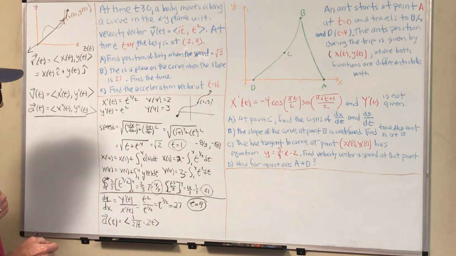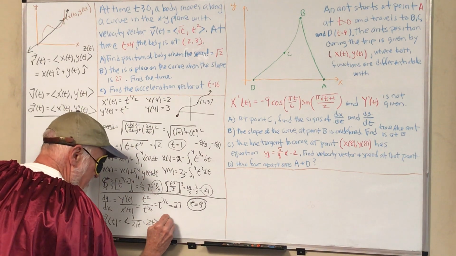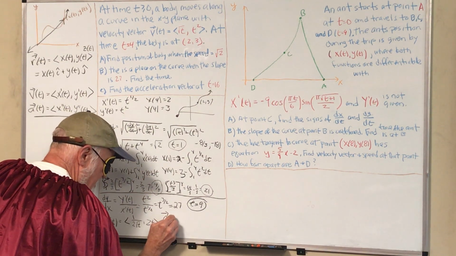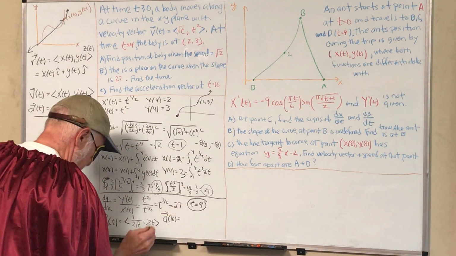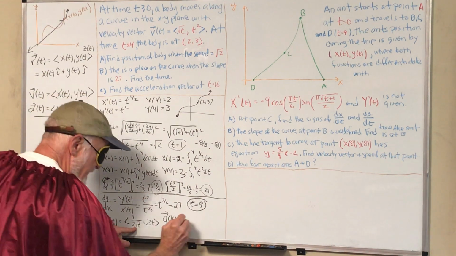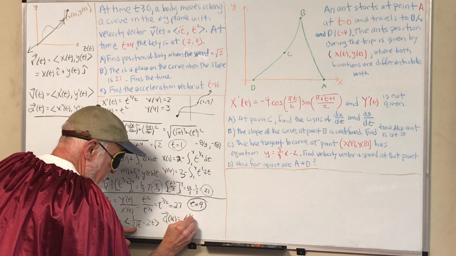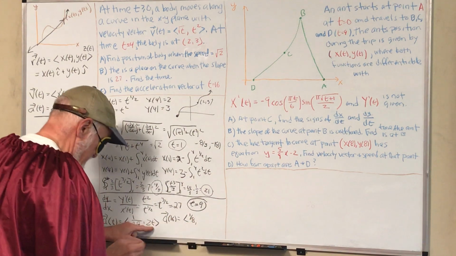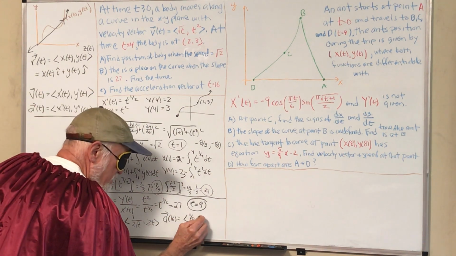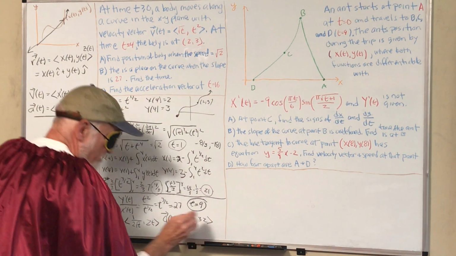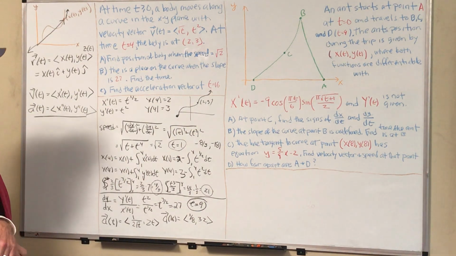So if you want to know it at 16, it's just going to be 1/8, and then 32. So that would be your acceleration vector.